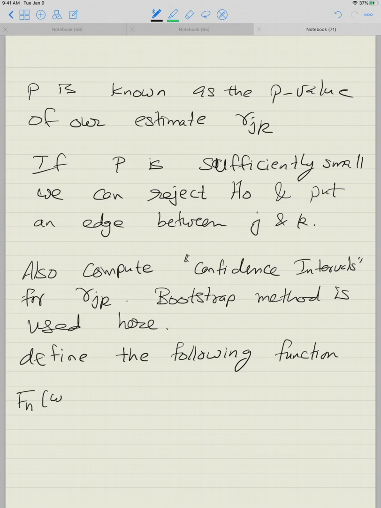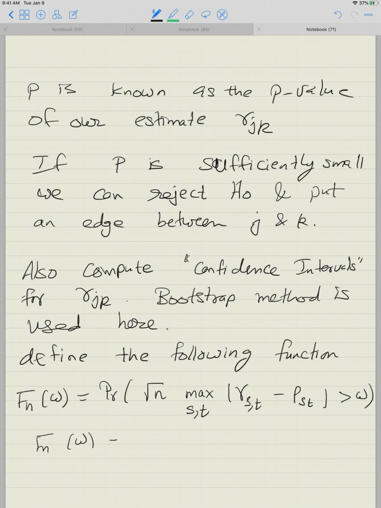So we define Fn of W to be the probability that square root of n times the max over s,t of rst minus rho st is greater than W. Here rho st is the true correlation, rst is our sample correlation, and n is the number of samples. If we set Fn of W to be alpha, then W of alpha is defined as Fn inverse of alpha.